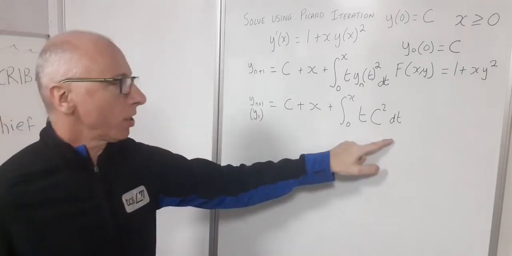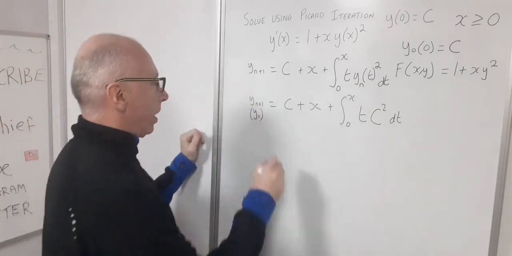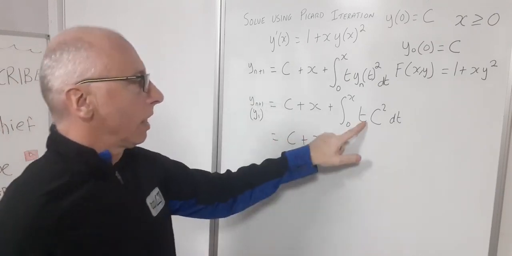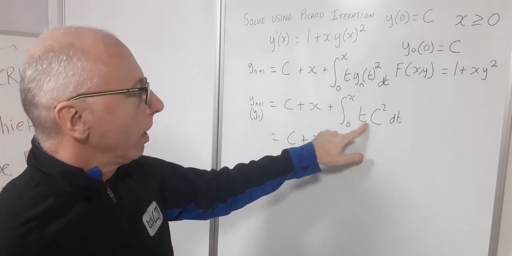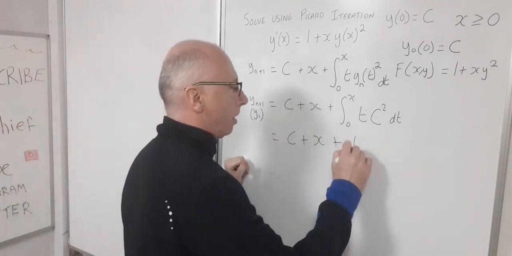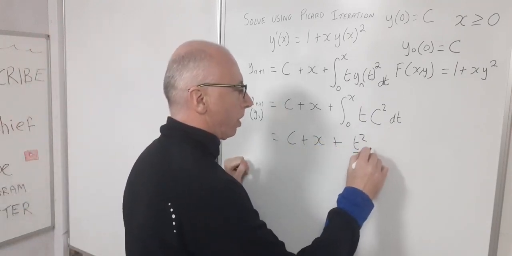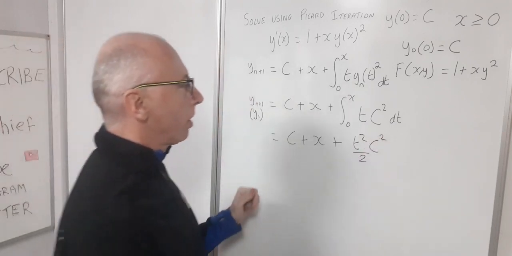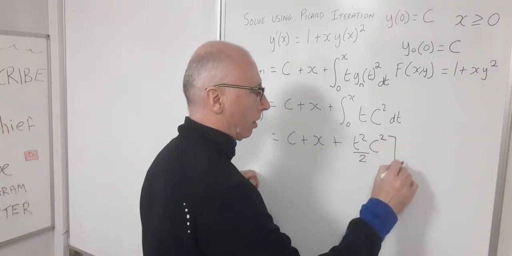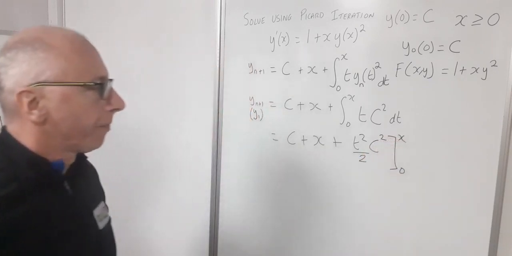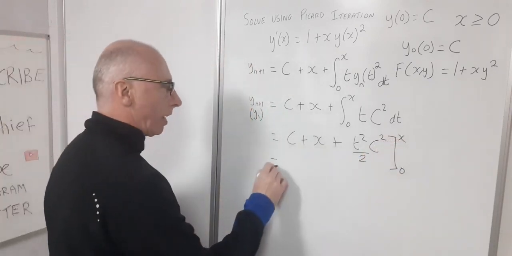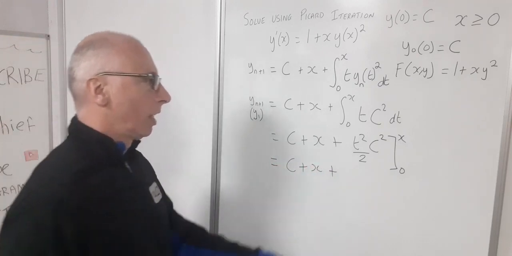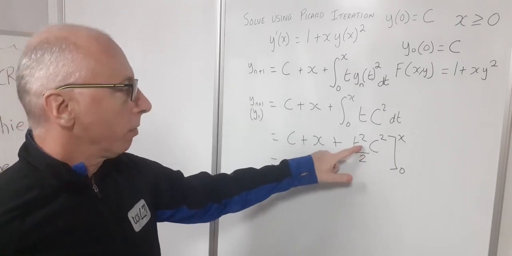So now what we're going to do is integrate this with regards to t. That's looking pretty straightforward. So c plus x times the integral of t with regards to t, which is t squared over 2 times c squared, and then we calculate that from 0 to x. Okay, so let's solve that a little bit more. So c plus x times, where we see a t, we put in an x.